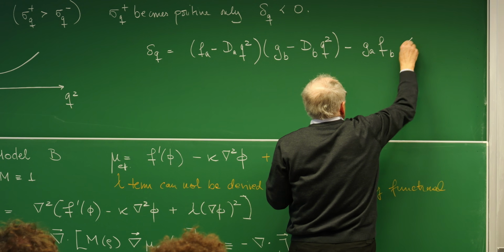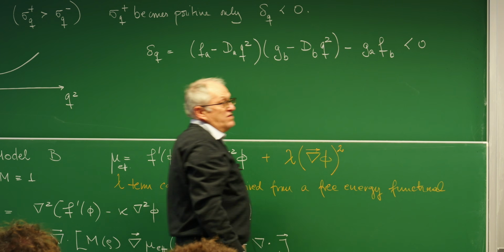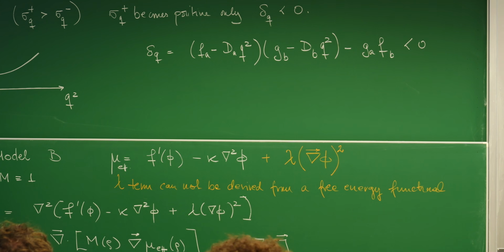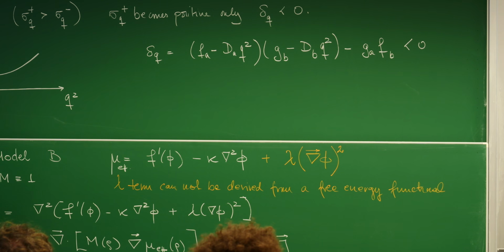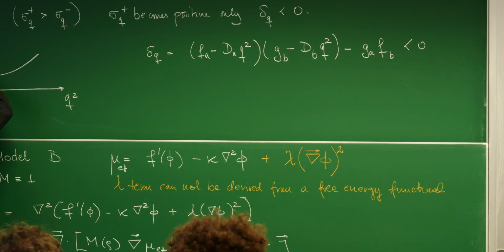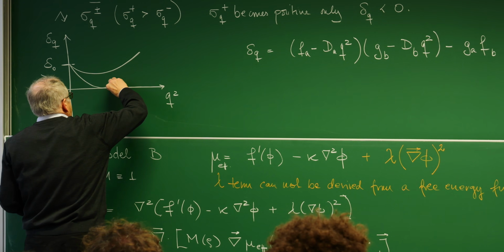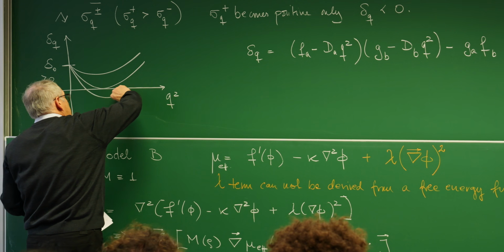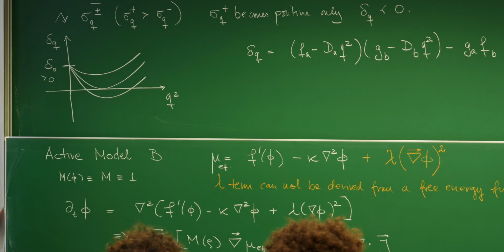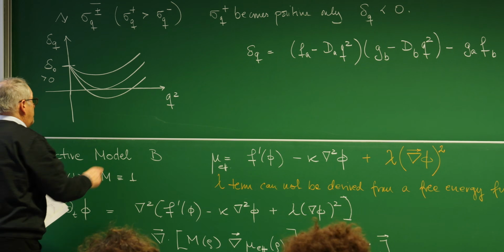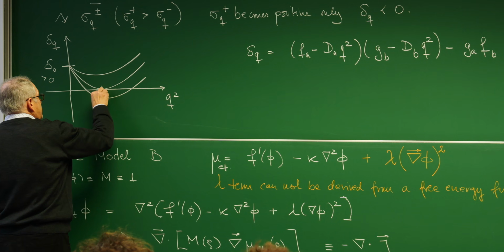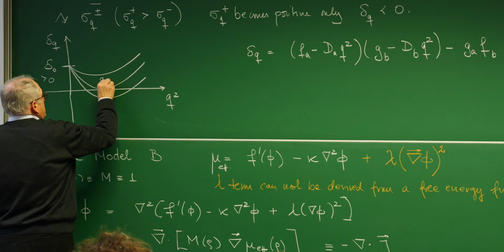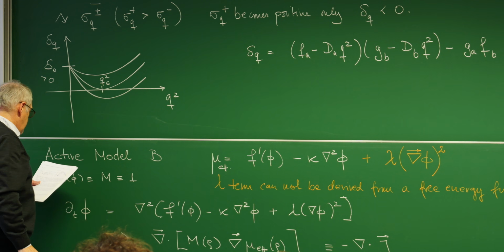And I want this to be less than 0 for the system to have an instability. Here I drew it to be positive, so there's no instability yet. And what needs to happen is that at some point this touches 0, and later on it goes underneath of 0. That defines a threshold value that we call Qc squared.